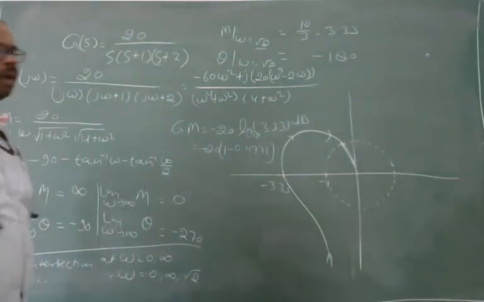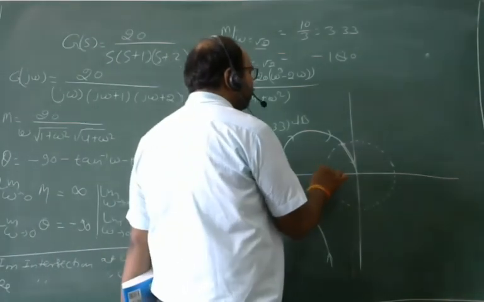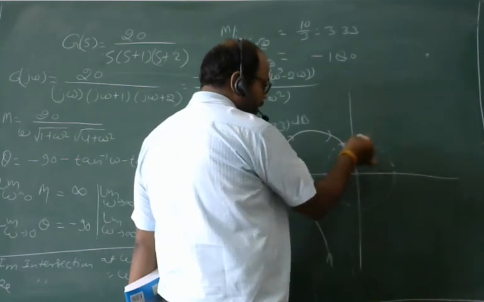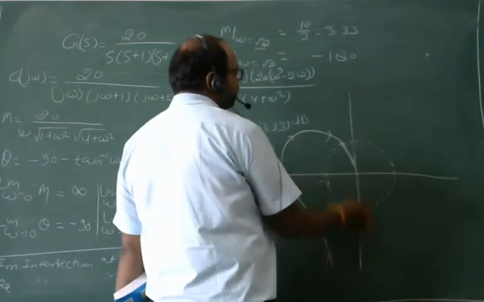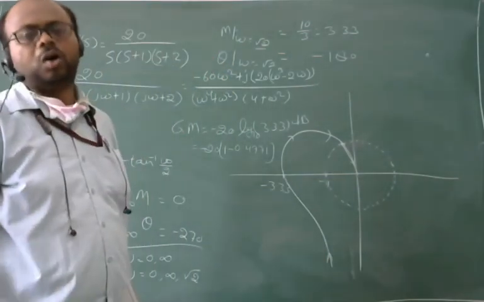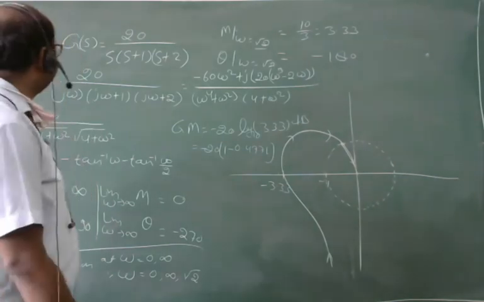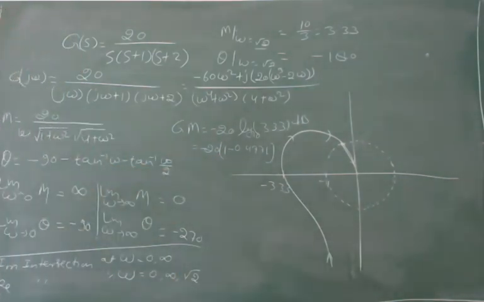What about phase margin? For phase margin we will have to find out at what frequency omega the unit circle crosses this polar plot, or what is the value of omega for which this magnitude goes to 1, right?